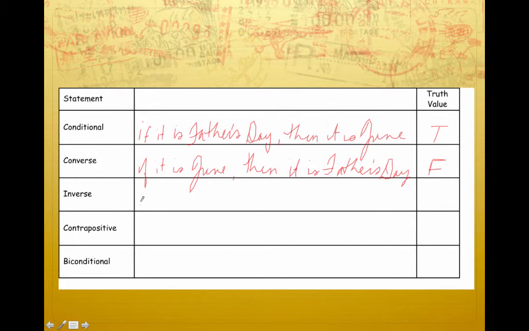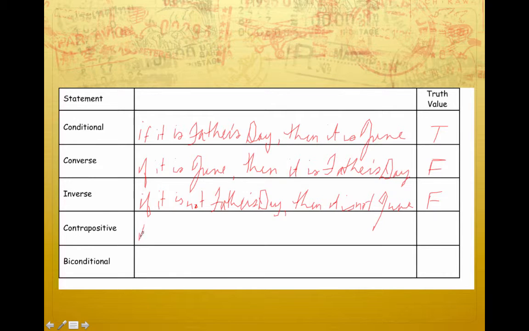The inverse is if it is not Father's Day, then it is not June. That has the same counterexample as the converse because right now today it is not Father's Day, so the hypothesis is true, but it is June, so the conclusion is false. So this is again false.